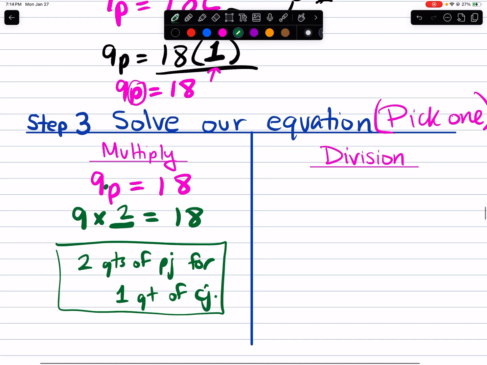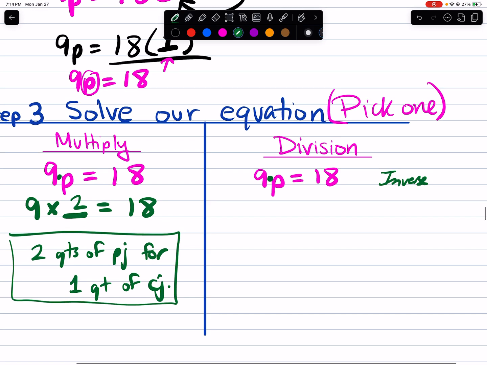Let's do division now. 9P is equal to 18. I want to remind you, you are doing the inverse. The inverse or the opposite of multiplication is division. So I'm going to divide. I see a 9 here, so I'm going to divide by 9 on both sides.